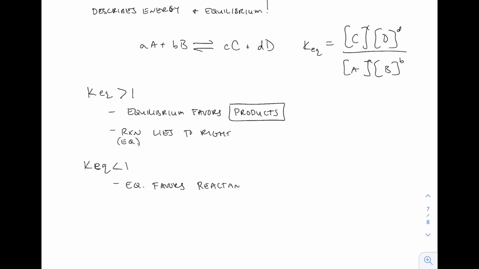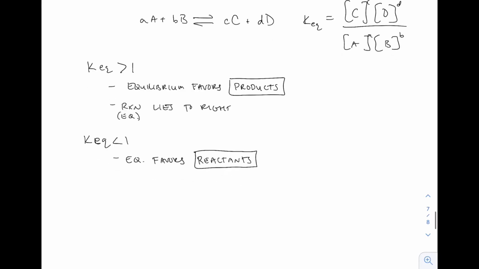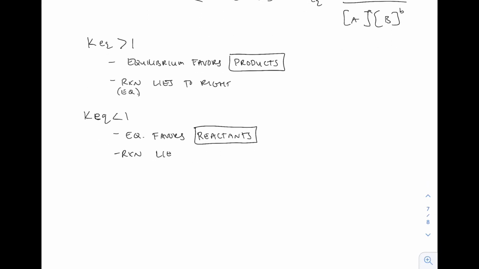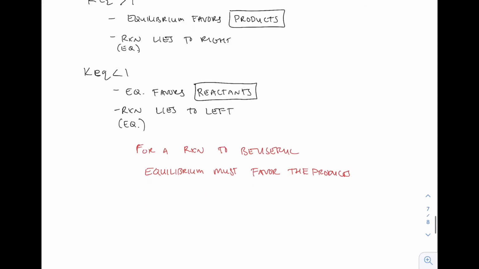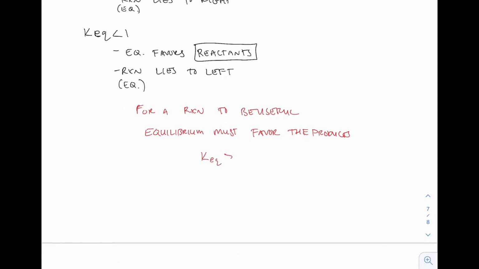When Keq is less than 1, equilibrium favors the reactants, and the equilibrium lies to the left. So this one's not very ideal, right? Because that means we're not doing anything. So for a reaction to be useful, we want the equilibrium to favor the products, obviously. And so that means we want Keq to be greater than 1.